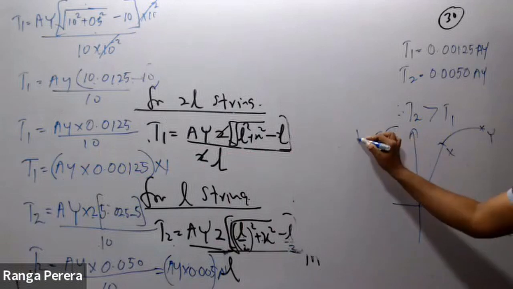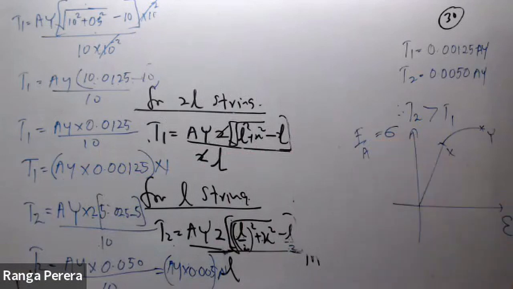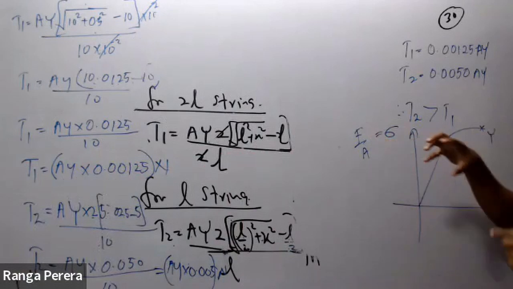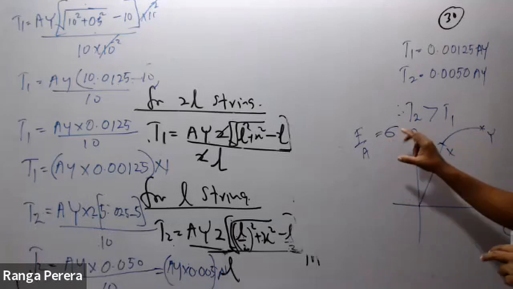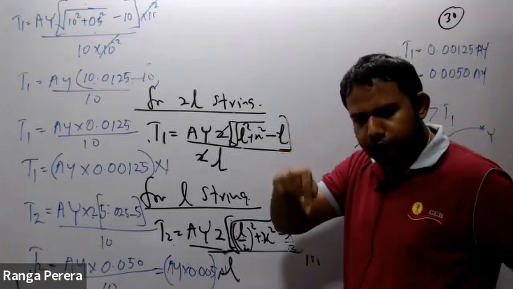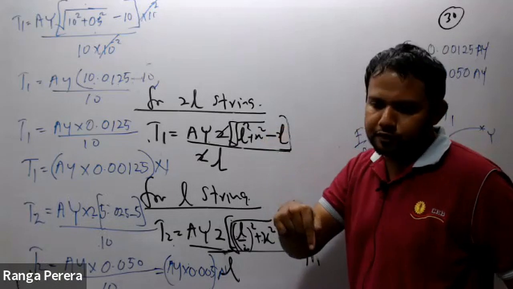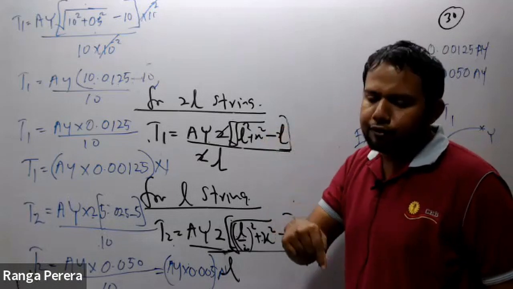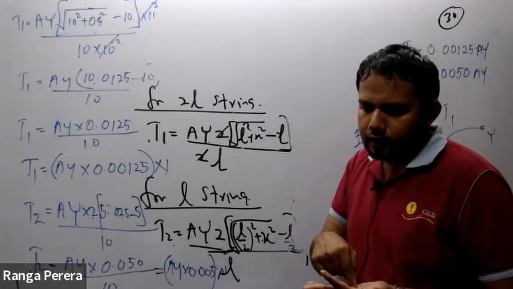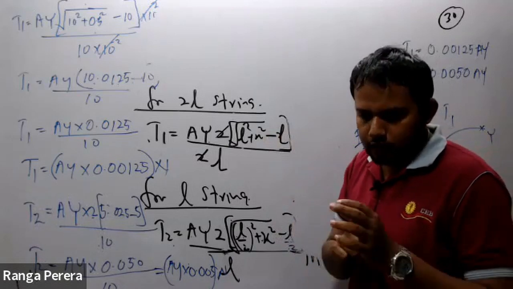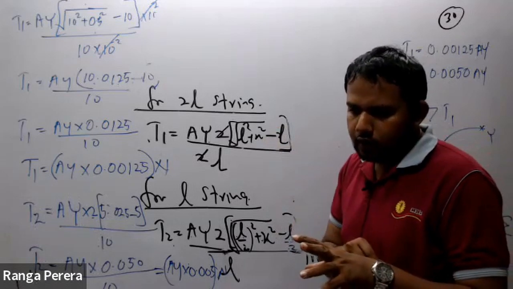We realize actually the stress is equal to the force divided by area. The force is greater than the force on the longer string. It's a very important point. Please try to take this point. If you apply the same force on both strings, what happened?